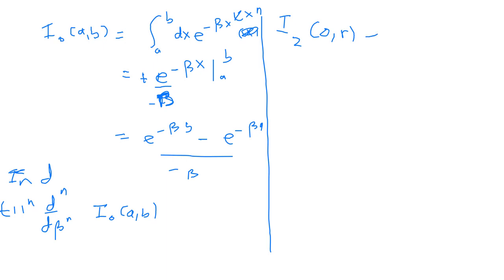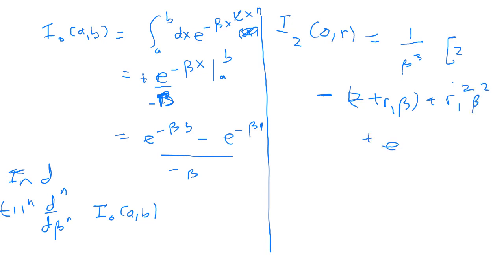So it will give you 1 over beta cubed times 2 minus 2 plus R1 beta plus R1 squared beta squared, times e to the minus beta R. Some of these integrals that you have to do are really messy, but this is the result that you get.